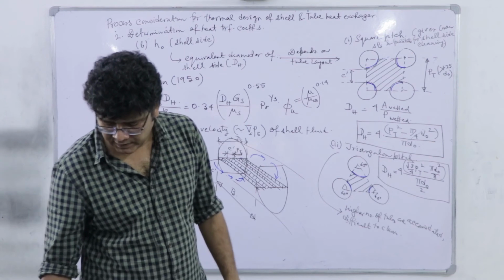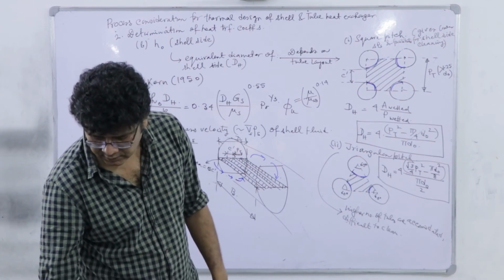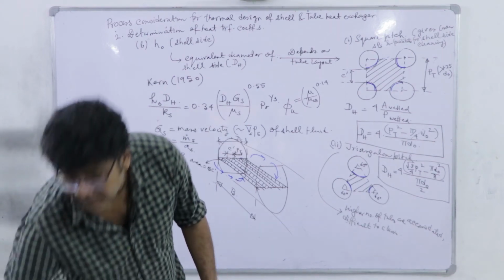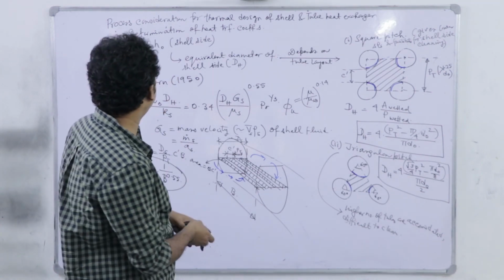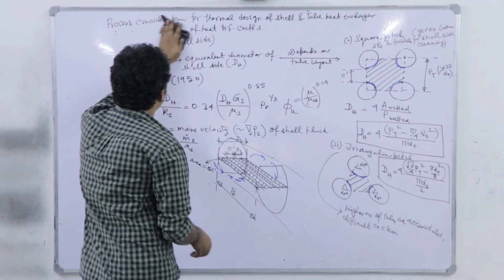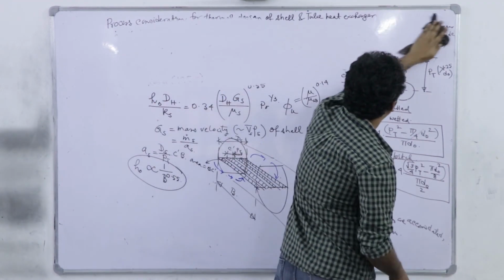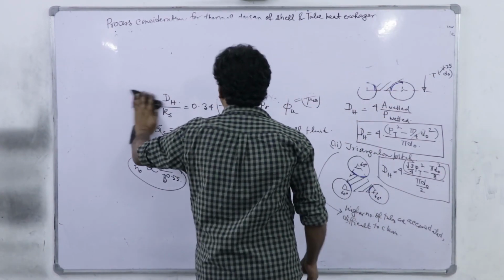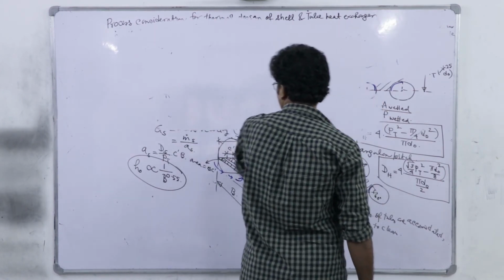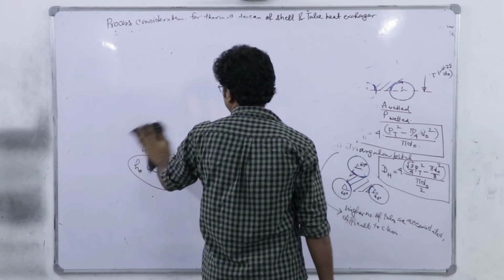So, we have got the ways to calculate the shell side heat transfer coefficient, and previously we have also discussed how to calculate the heat transfer coefficient for the tube side fluid, right. So, next, the last important issue for process design is the pressure drop.